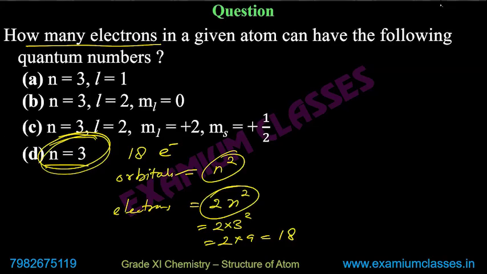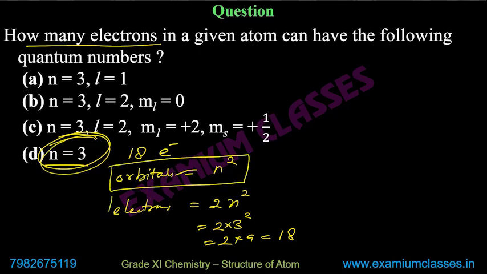What do you mean by 2n plus 1? Sir, I was just telling that I did it from 2n plus 1 and it's a wrong answer. Right, it gives us nothing. It is 2l plus 1. The formula is this one: orbitals n square, number of electrons 2n square, if only the shell is asked.